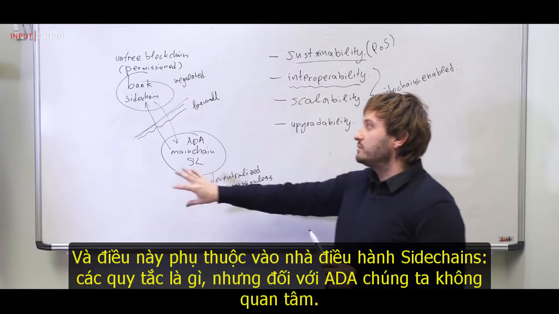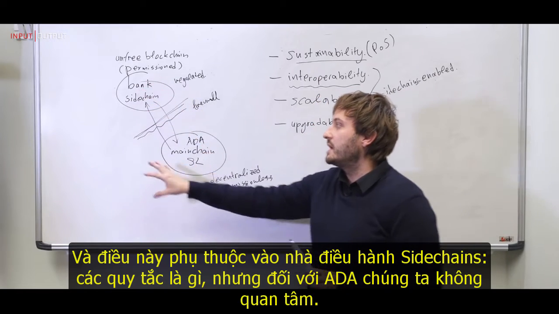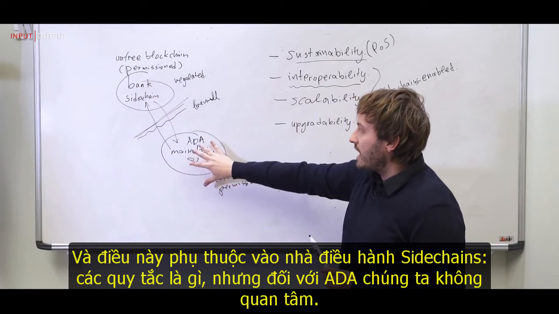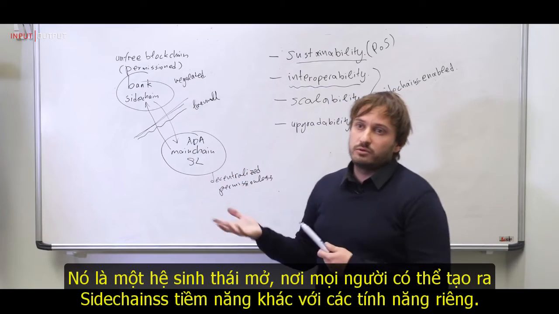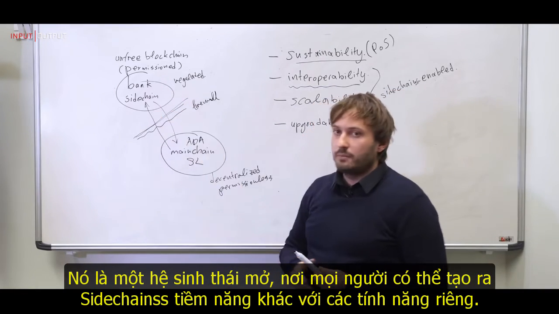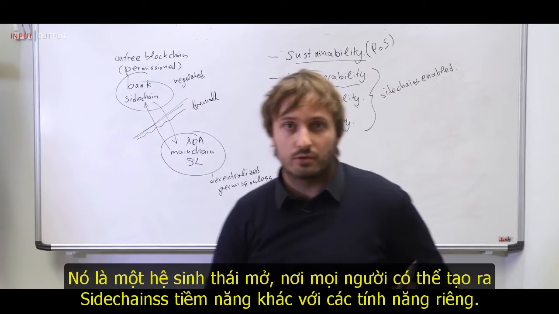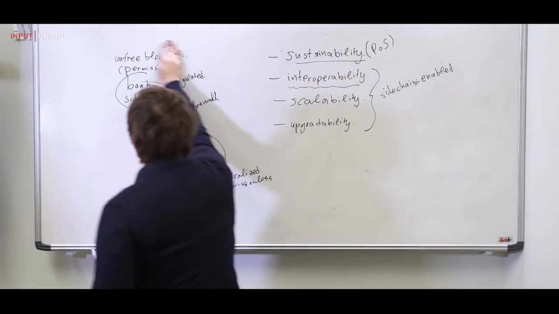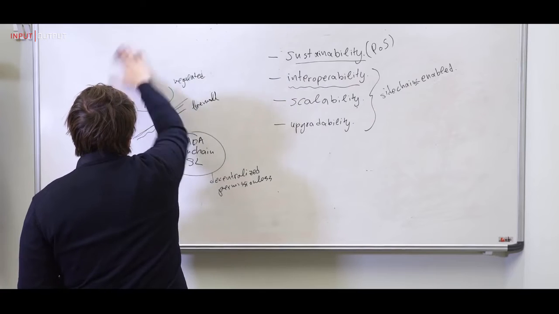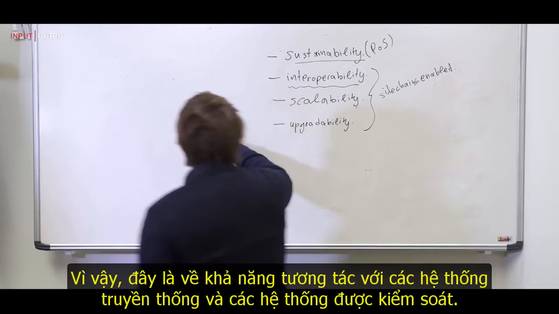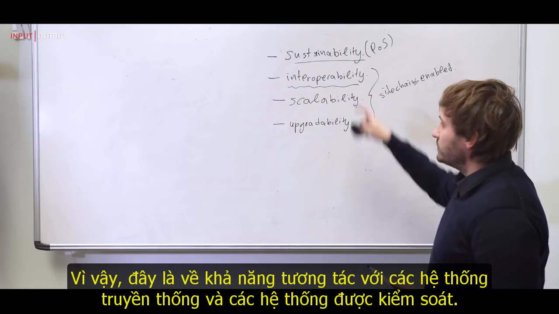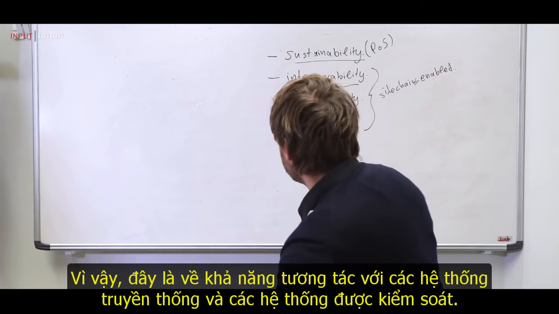And this is really up to the sidechain operator to say what are the rules. But for ADA, we don't really care. It's really an open ecosystem where people could create potentially other sidechains that have their own features. So this is about the interoperability with the regulation and traditional system.